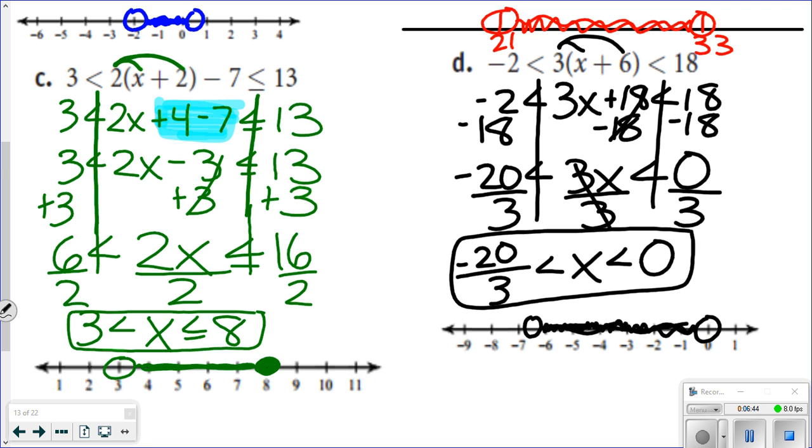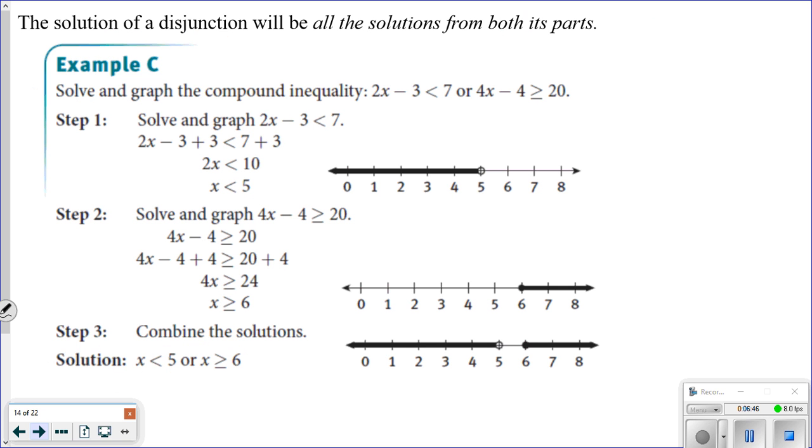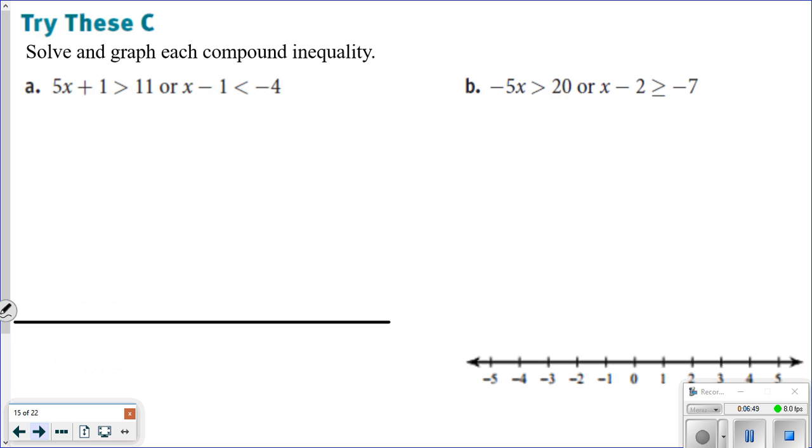Okay, the next questions that I asked you to do are on the next page. Solve and graph each compound inequality. These are disjunctions now. So I'm going to solve these two separately.